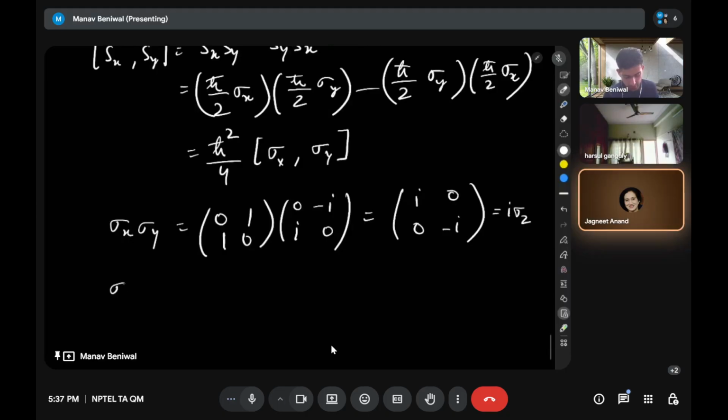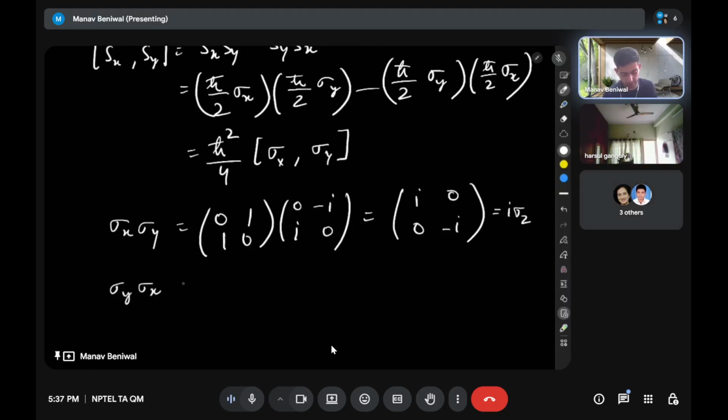Similarly, sigma y sigma x comes out to be minus iota times sigma z, doing similar multiplication the other way around. So the commutator sigma x comma sigma y will be 2 iota sigma z.